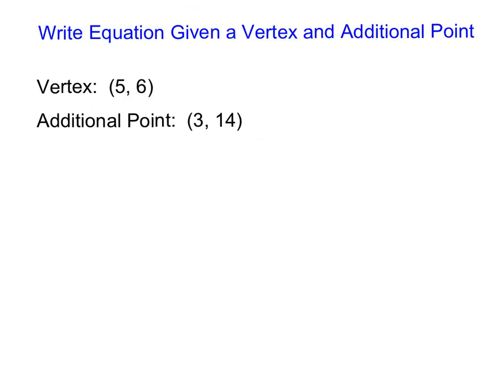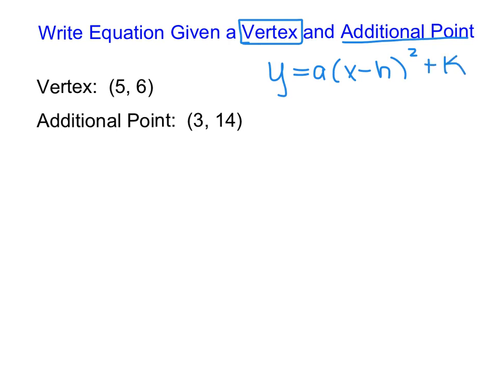So here it says write an equation given a vertex and an additional point. Because we're given a vertex, we're going to focus on vertex form, which is y equals a, then in parentheses, x and the opposite of h squared plus our k value on the outside. I know that I need to find a, h, and k in order to write an equation in vertex form.